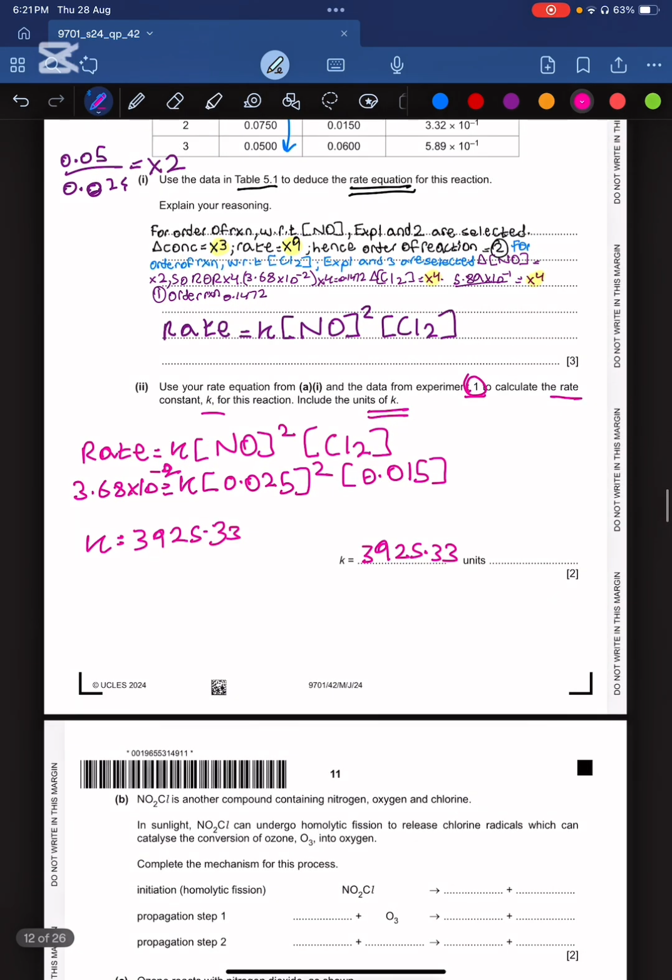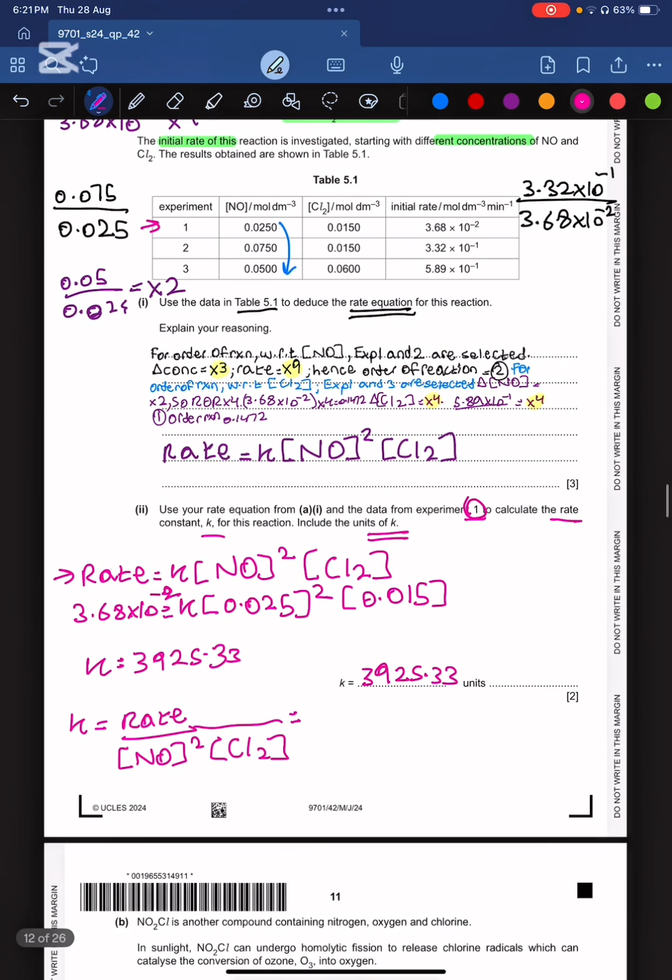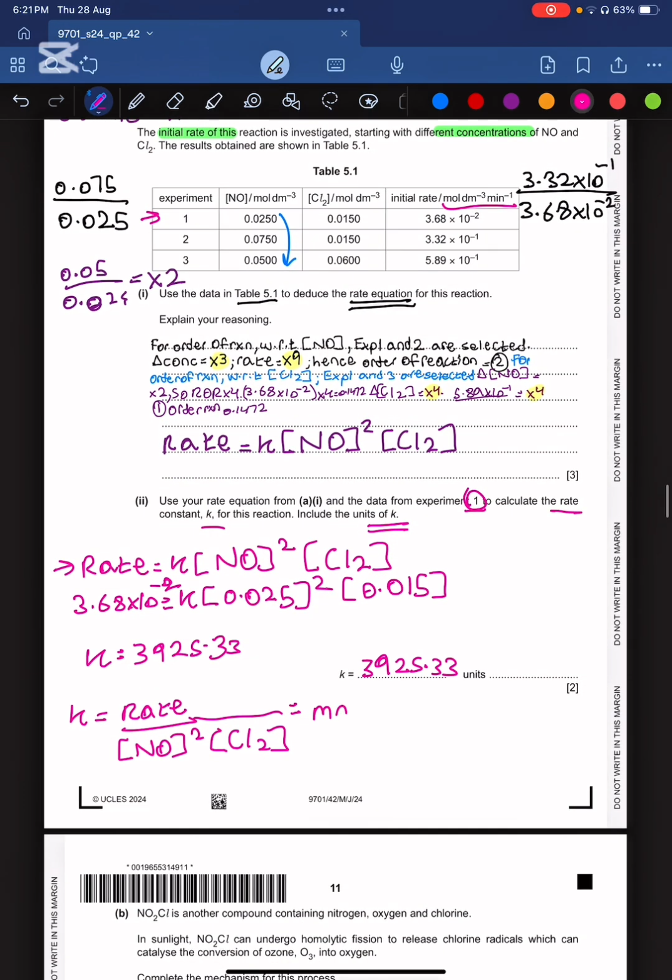Now, how do I find the units for K? K would essentially be the rate divided by NO squared times Cl2, I'm just rearranging the equation here. What will be the unit of rate? The unit of rate is written here: mole dm minus 3, minute minus 1. I like to call it minus 3 and not mole per dm cube.